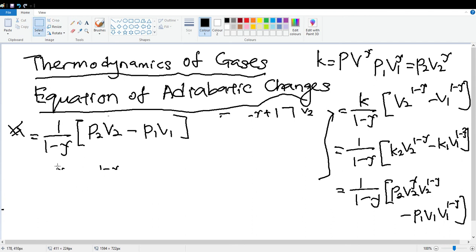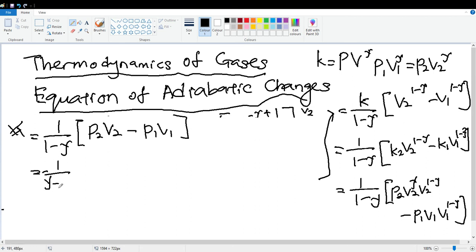So actually we have done for this equation, but to be seen more clearly, we change this gamma to be positive. I just factorize this negative outside, so that my gamma can be changed to positive.